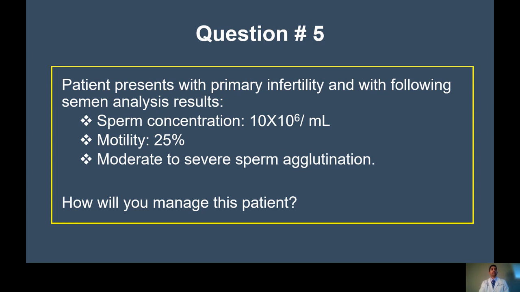Clinical question number 5. We have a patient who presents with primary infertility and with the following semen analysis results: a sperm concentration of 10 million, a motility of 25%, but also moderate to severe sperm agglutination. How will you manage this patient?